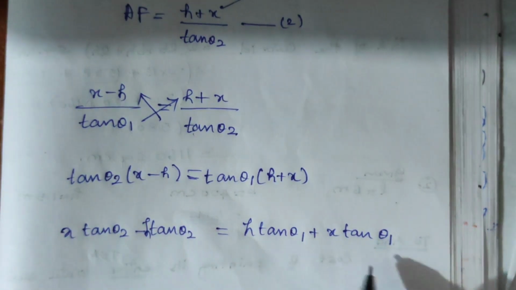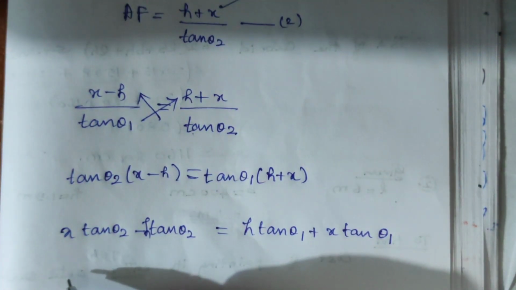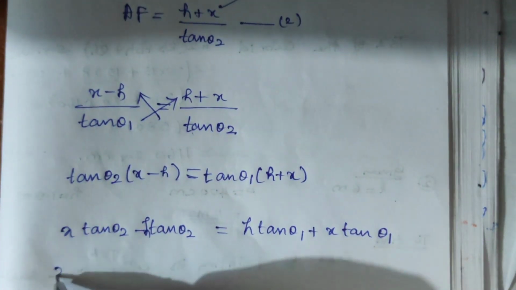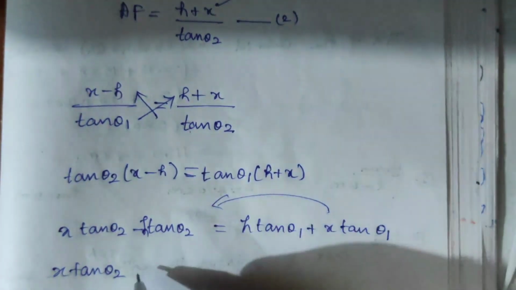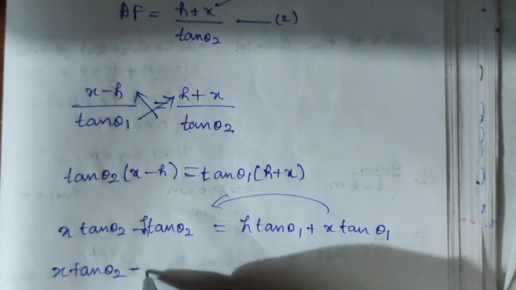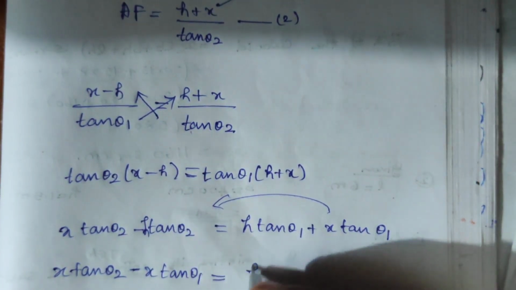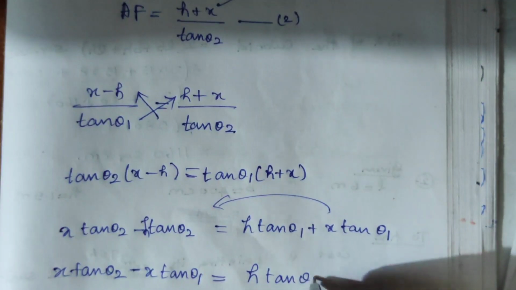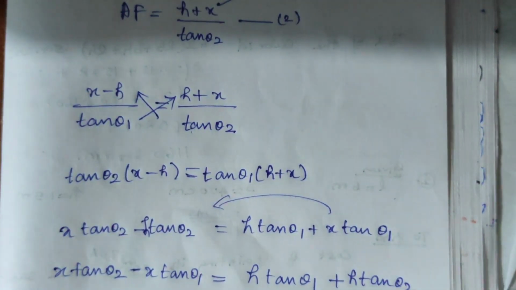Now take all the x terms to one side and the h terms to the other side. So x tan theta 2 minus x tan theta 1 is equal to h tan theta 1 plus h tan theta 2.